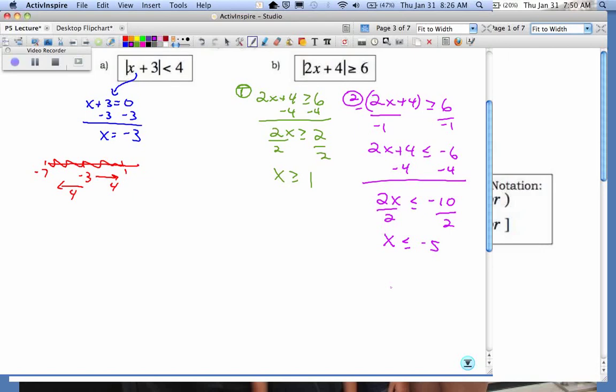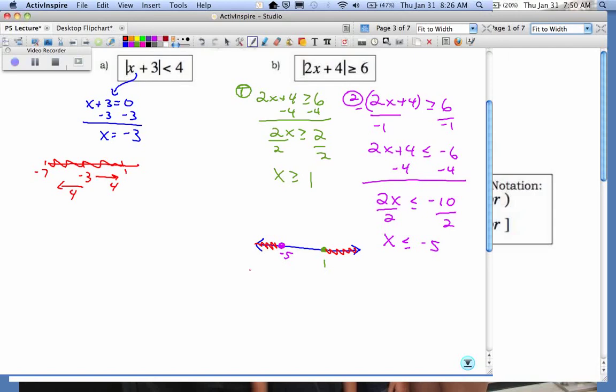So you have to stay to the outside of your endpoint. So when you look at it on a number line, -5 would be over here. 1 would be over here. They're both equal to's. Greater than or equal to, less than or equal to, so they get closed dots. But where do we do our shading? To the outside.